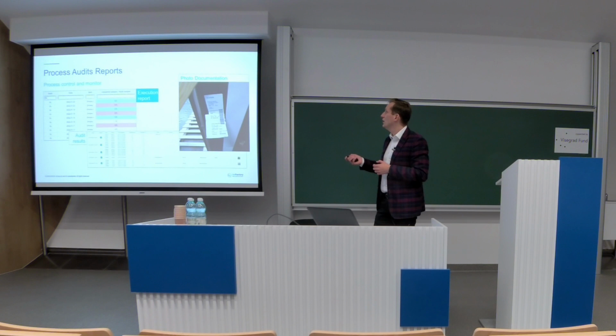And also, like you can see, it's a sample of the reports. Additional information could be added to the report, not only numbers, but also, for example, photo documentation or some additional comments and information.